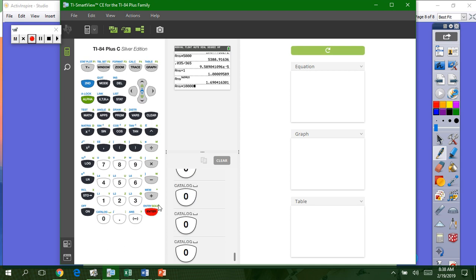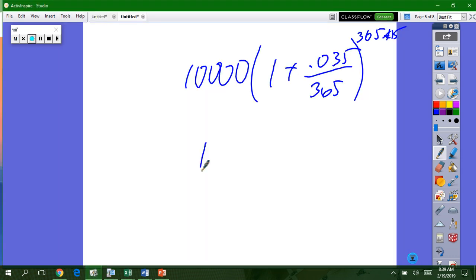Now we're talking. We got 16,904 and how many pennies? See, money makes money if you put it into the right facility.